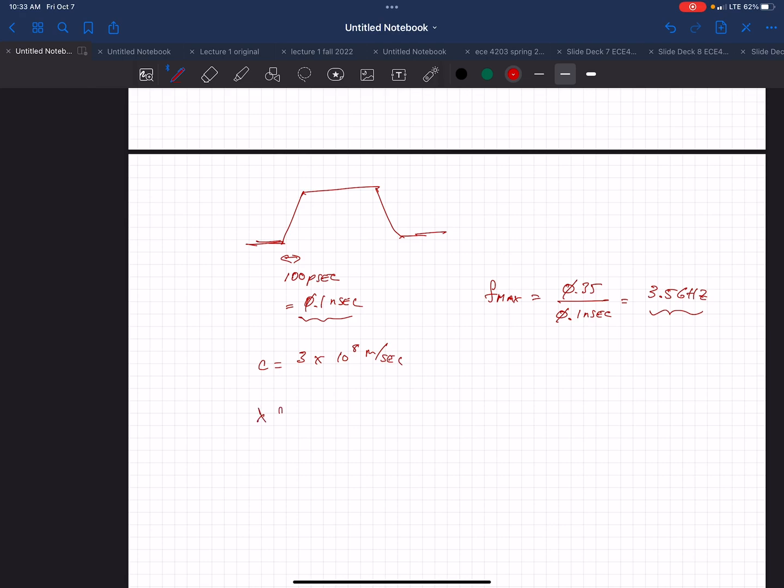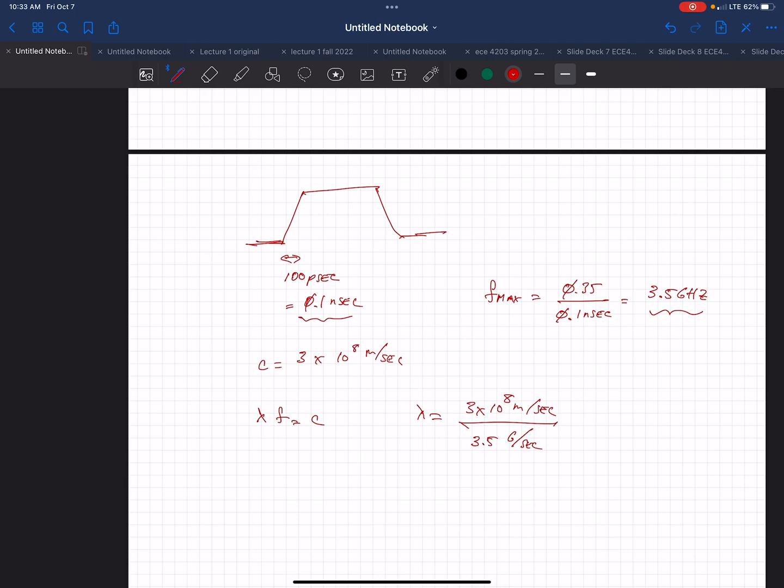So lambda times f is c. Lambda is 3 times 10 to the 8th meters per second over 3.5 gigahertz. And remember, hertz is 1 over seconds, so giga is giga per second.